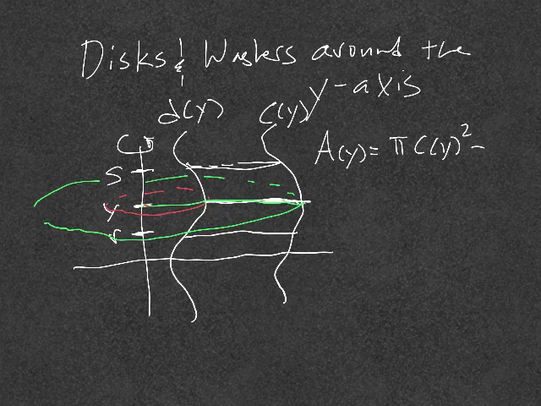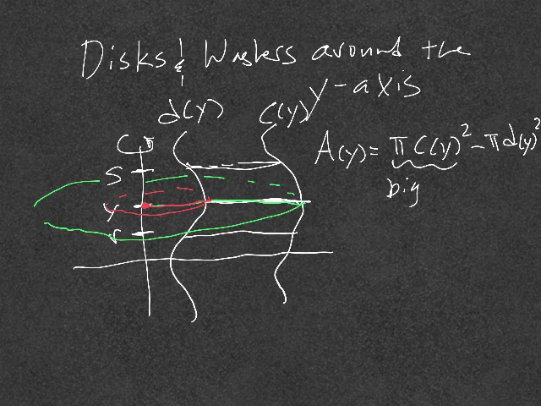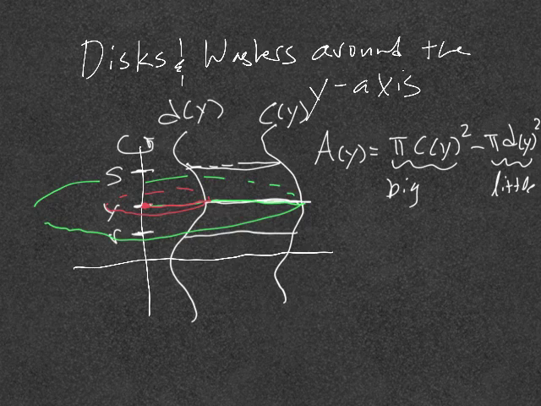And the radius of the inner circle is going from the y-axis to d of y. So it's going to be pi times d of y squared. And so again, we've got big circle minus the little circle.